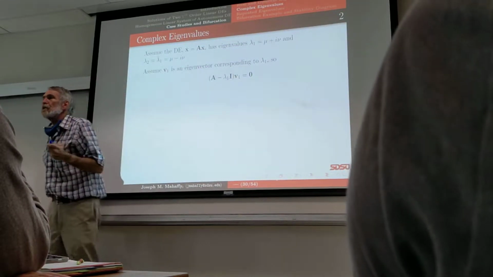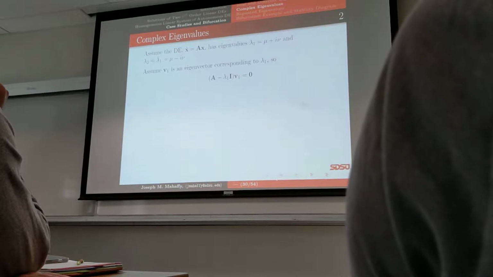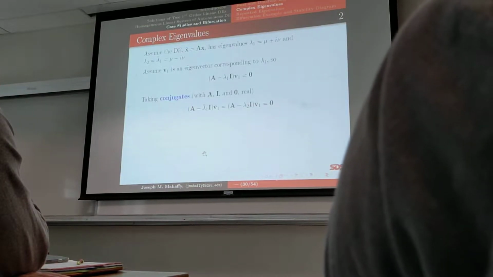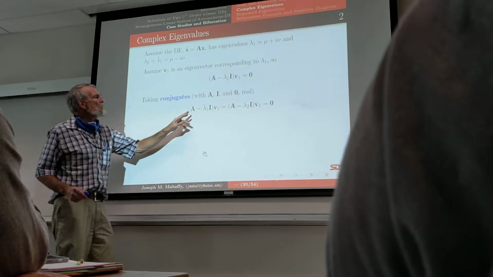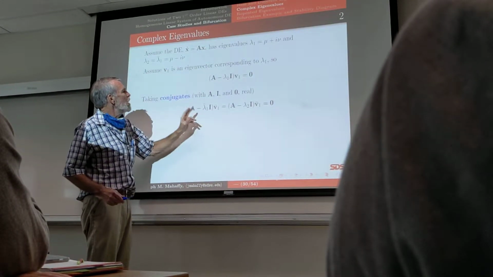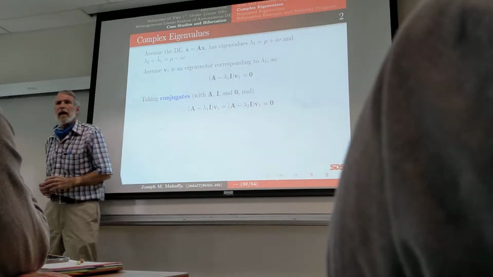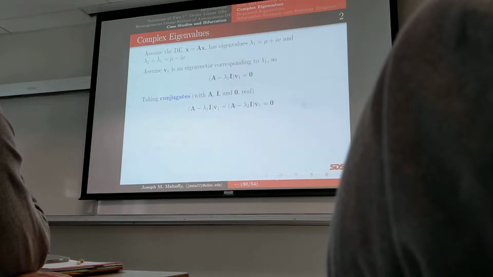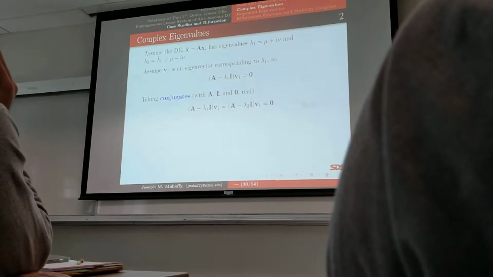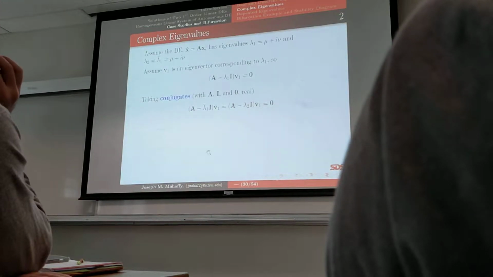And if we've got the eigenvector for this one complex eigenvalue, then for the complex conjugate, we can pretty easily see it's going to have the conjugate vector. So once we've got one eigenvalue and its eigenvector, we've got the other eigenvalue and its eigenvector, trivially.